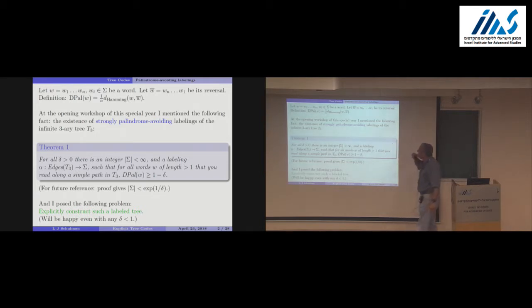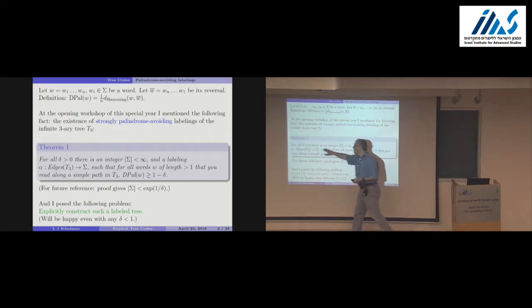And at the workshop at the beginning of the year, I mentioned the following fact: you can take the infinite ternary tree, and the degree is really not important, and you can label all of its edges with some finite alphabet.